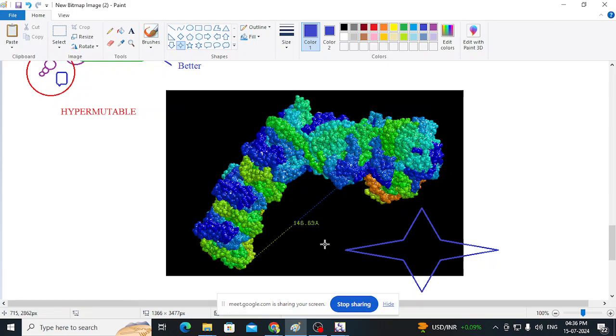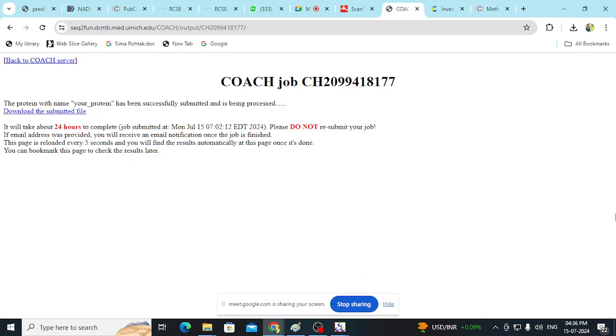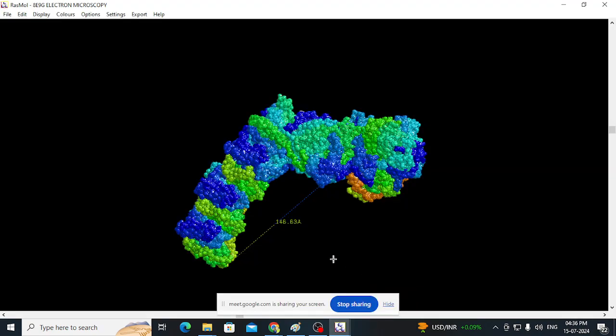This is how this software, COACH, will give you an idea. It will identify most of the available pockets and eventually give you very important specific pockets like this, which will be used for a drug to accommodate and therefore inhibit the protein.